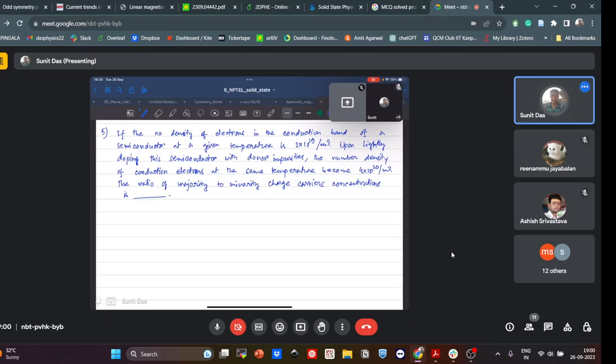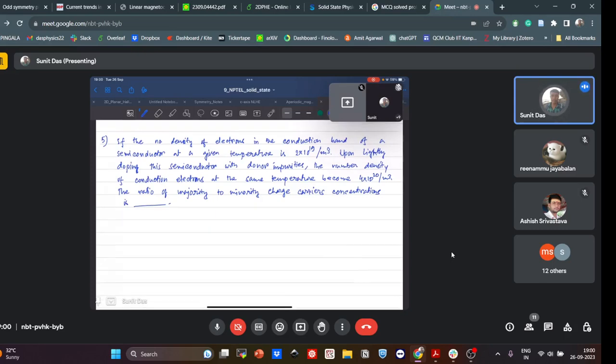Okay, so the next question is: the number density of electrons in the conduction band of a semiconductor at a given temperature is 2 into 10 to the power 19 per meter cube. Now we dope the system lightly with donor impurities, and the number density of conduction electrons at the same temperature becomes 4 into 10 to the power 20.